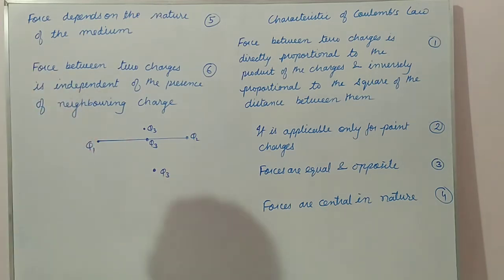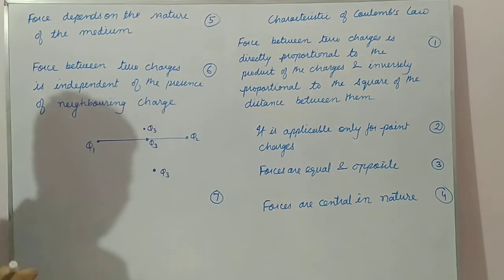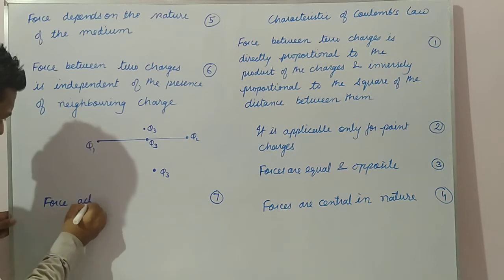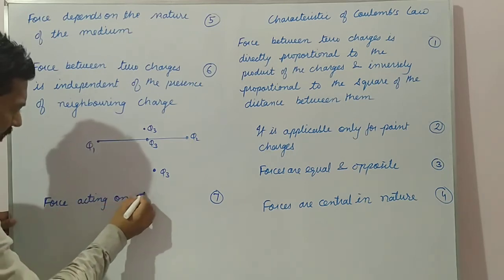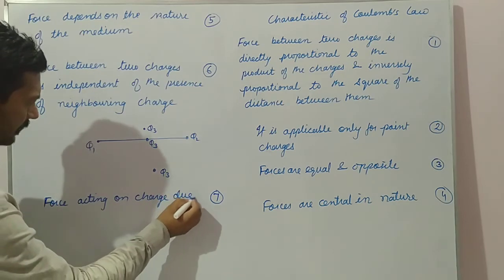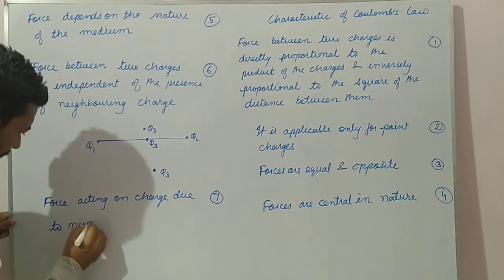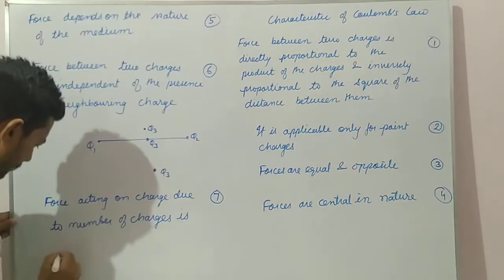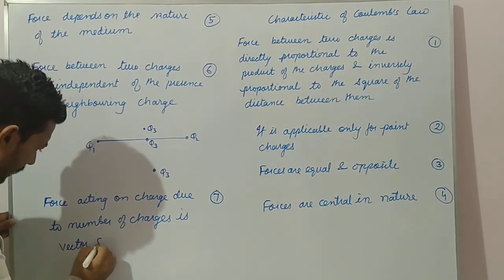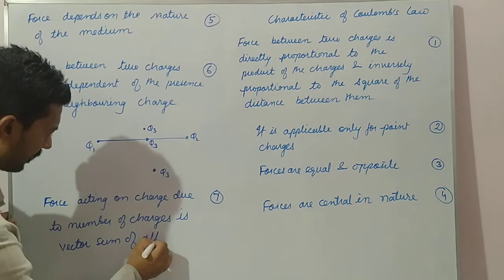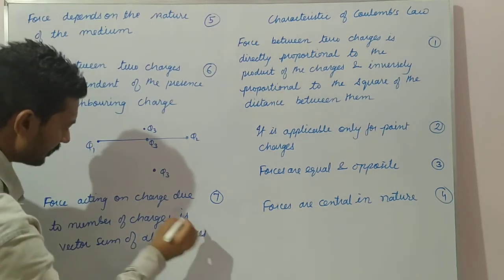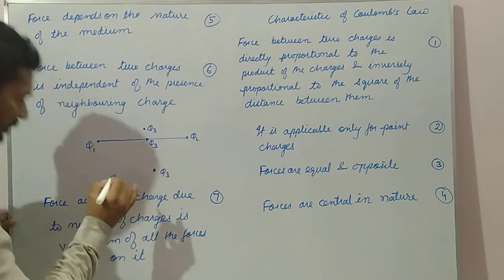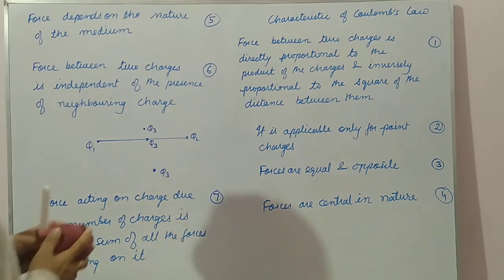This is the seventh part: force acting on a charge due to number of charges is the vector sum of all the forces acting on it. What does this mean?